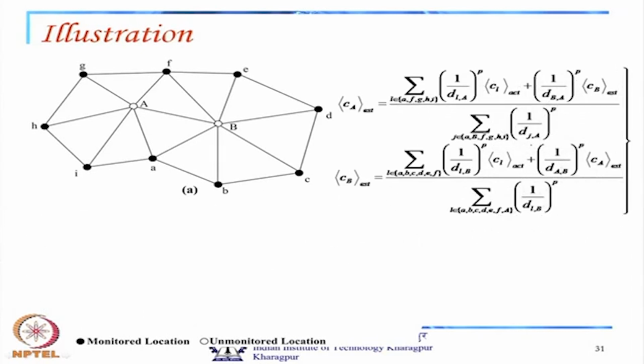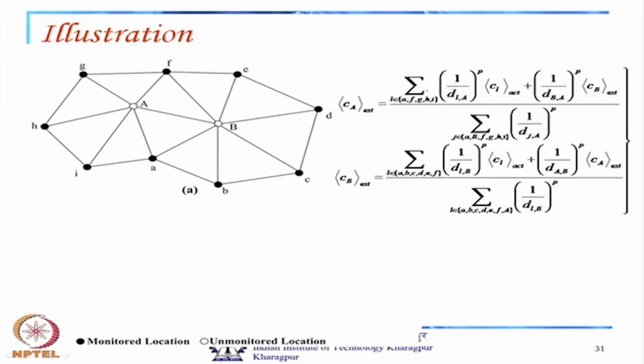We should have some kind of equation: the actual values in the neighborhood plus the estimated value of B while estimating the concentration at A. Similarly, while estimating the value at B, we need to use the concentration value at A, which will be estimated using our previous equation.